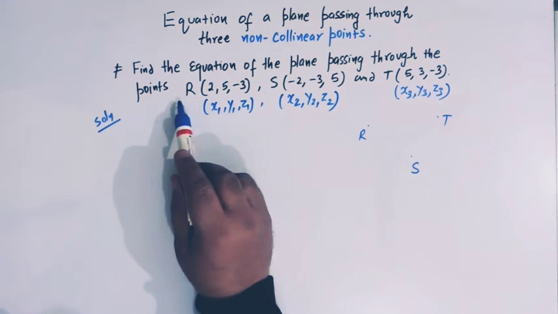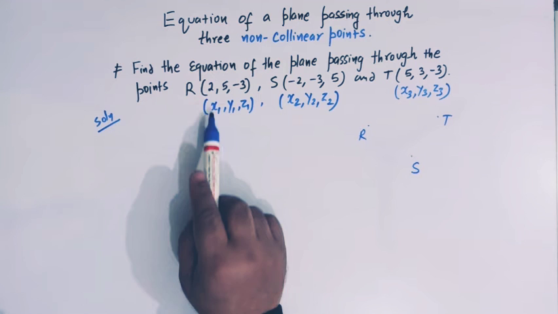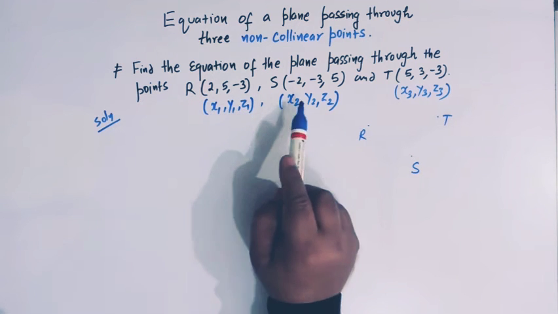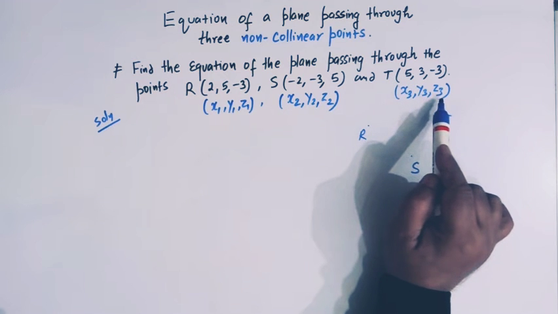Now let us denote these 3 points by (x1, y1, z1), (x2, y2, z2), and (x3, y3, z3).